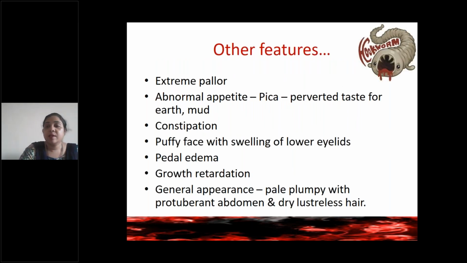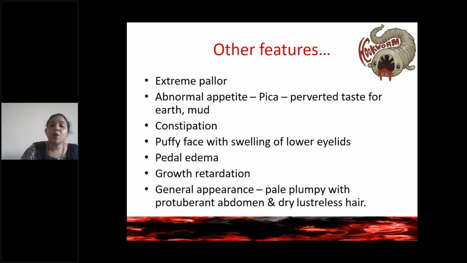Other features. A person infected with hookworm usually exhibits the following features. First is extreme pallor and abnormal habit, that is pica. Some kids as well as infected persons, who are usually anemic, especially with worm infections, will be eating mud or earth.